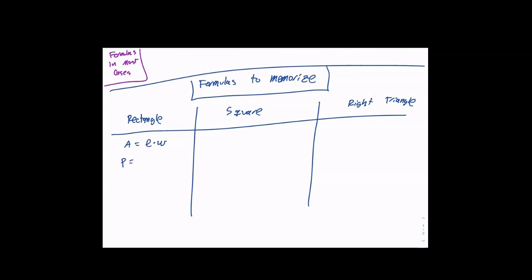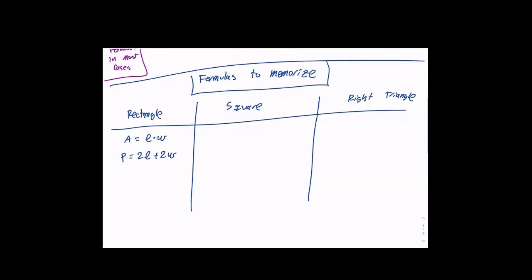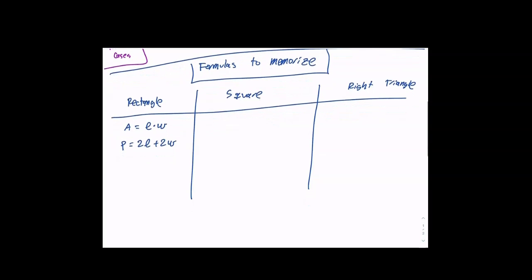And the perimeter is 2 lengths plus 2 widths. I think you should all feel very comfortable knowing those. If you don't know those formulas, we're going to be in trouble, at least for these first 3. A square: area equals S squared, where S represents the side length.